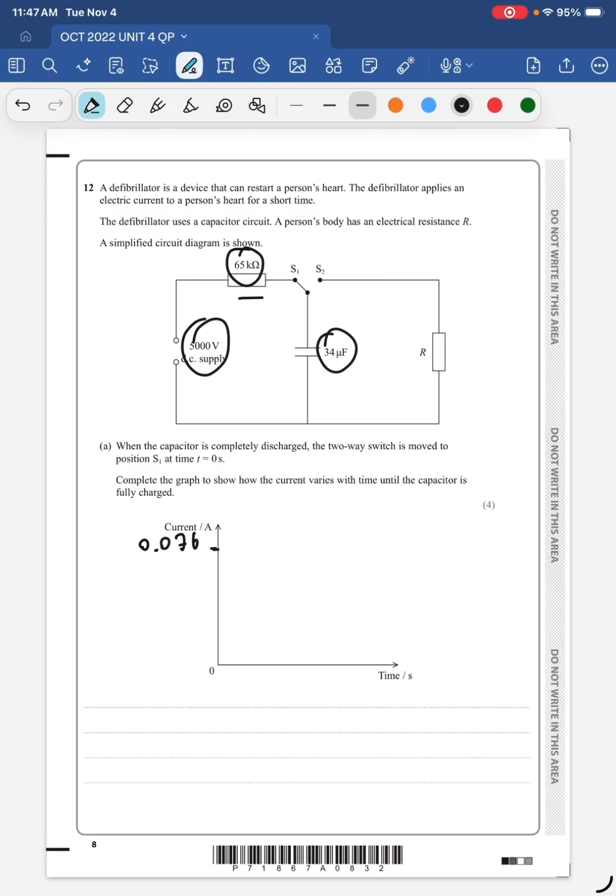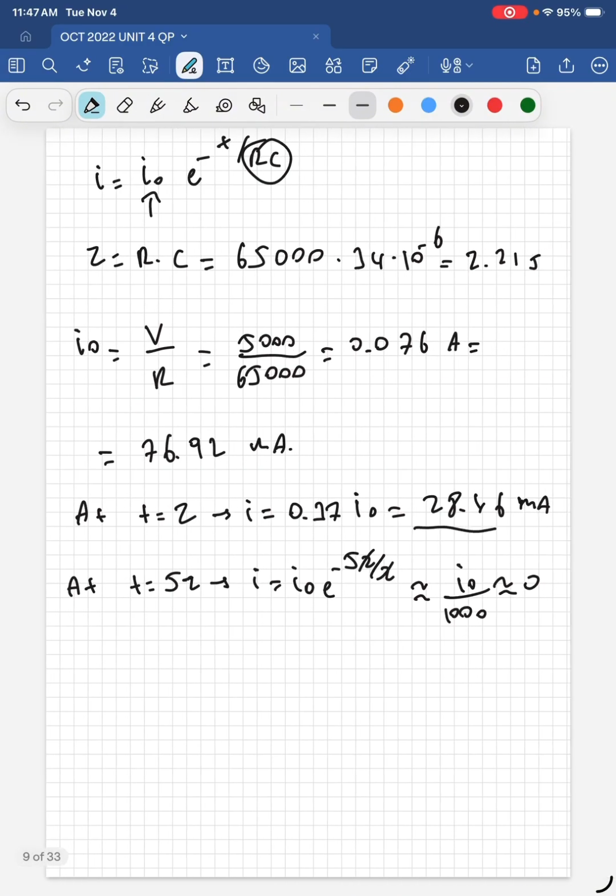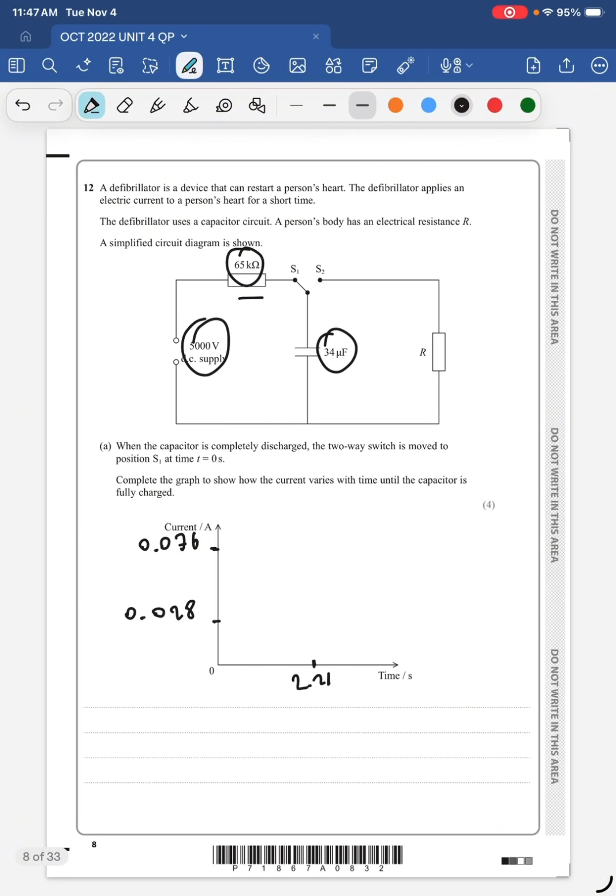And at time 2.21 seconds, we get something like 0.028 amps. And at time about 10 seconds, we get 0. So we have this data point, this data point, and this data point. So the curve will look like this. I hope this makes sense.